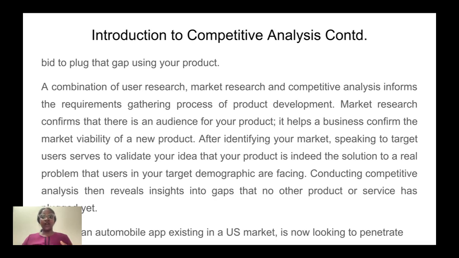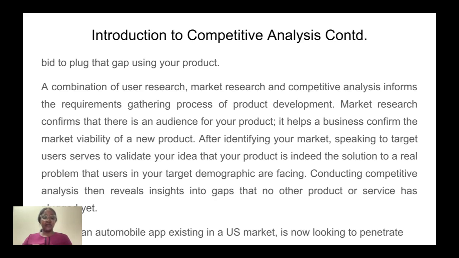Conducting a competitive analysis and understanding what already exists informs your product strategy and how you're able to differentiate your product. Maybe you're now able to say, okay, all these products on the market have this feature, and so I'm going to add this feature to my product to make us stand out, and that becomes your USP, which is your unique selling point.